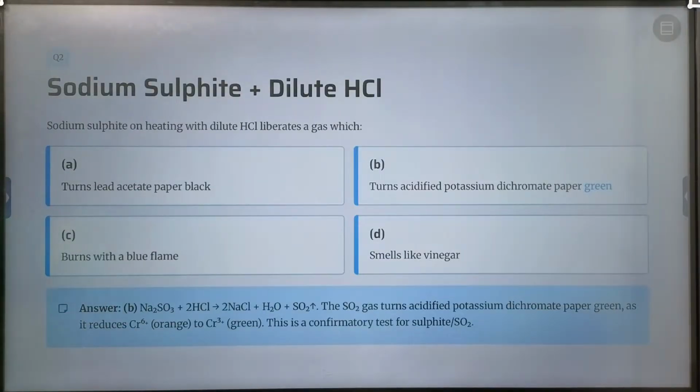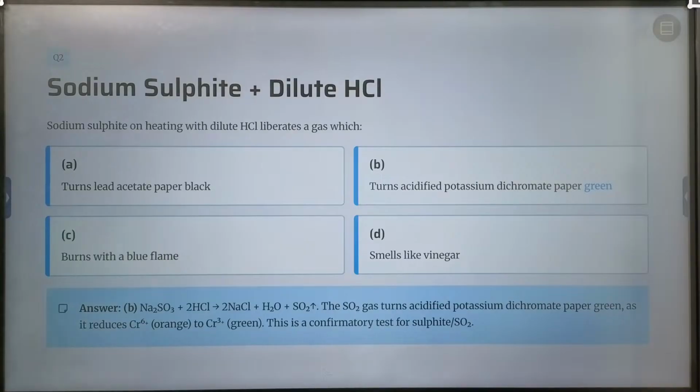So next question: sodium sulfide on heating with dilute HCl liberates a gas which turns lead acetate paper black, acidified potassium dichromate paper green, and burns with a blue flame, smells like vinegar.